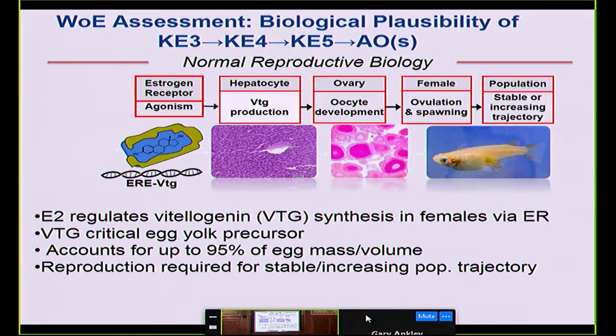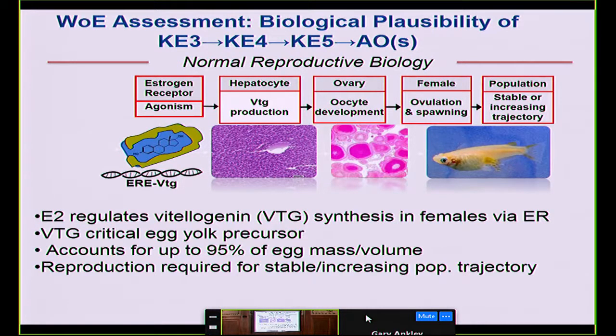So what happens when we consider some of the further downstream endpoints from the standpoint of plausibility? Again, we know from physiology studies that estradiol regulates the synthesis of vitellogenin in female egg-laying animals through interactions with the estrogen receptor. This has been shown in a variety of species and a variety of different scenarios.